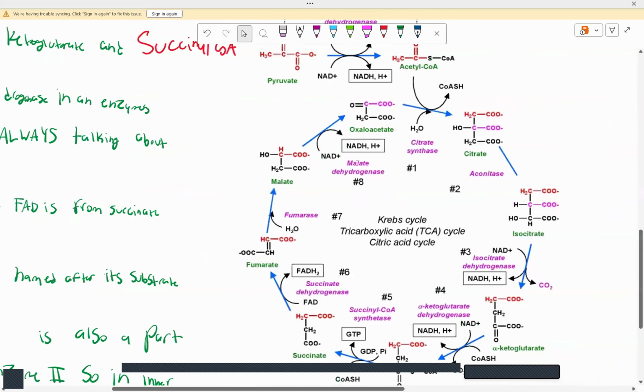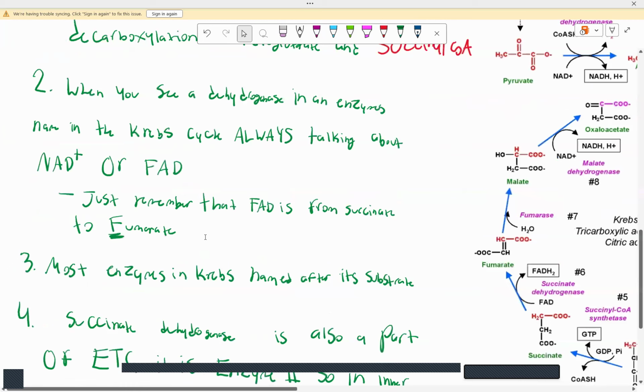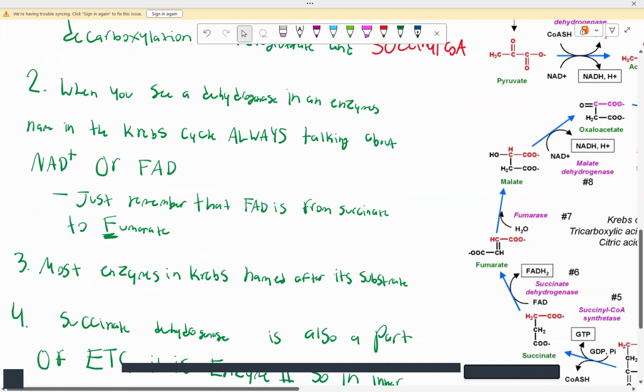The only one for FADH2 will be succinate dehydrogenase, which goes from succinate to fumarate. So F, right? FAD, fumarate. F for the first letter of fumarate. That's how I like to remember it.